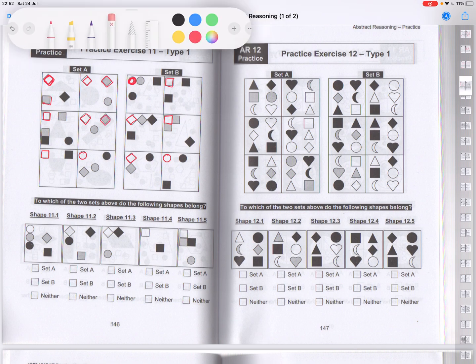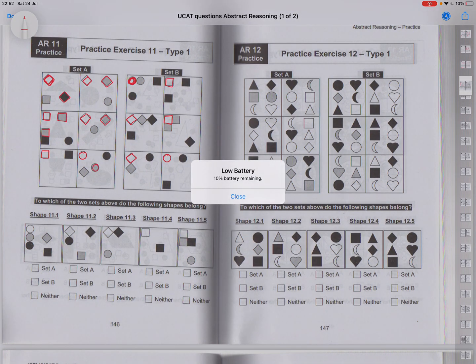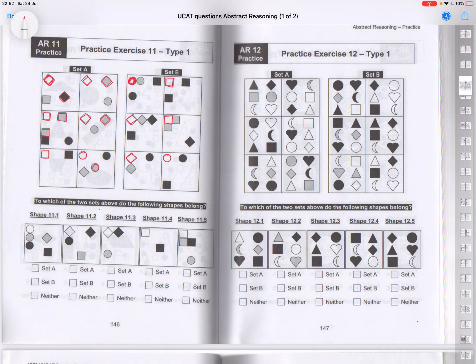Hang on a minute, do I mean that? Or do I mean that one? Does it matter that it's rotated? I think it does. I think that shape counts as something different. There we go. I think that counts.